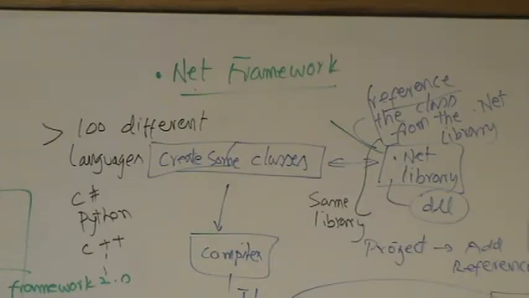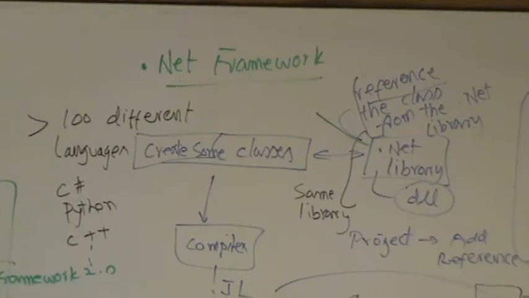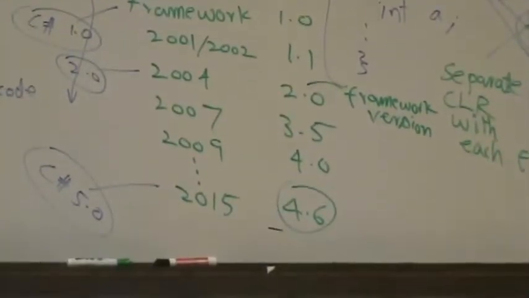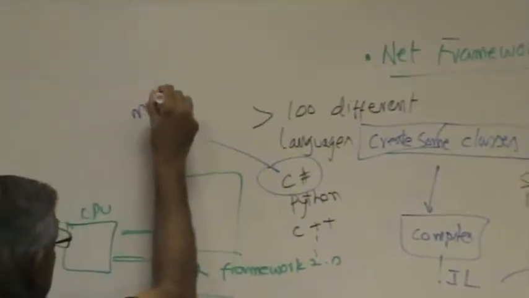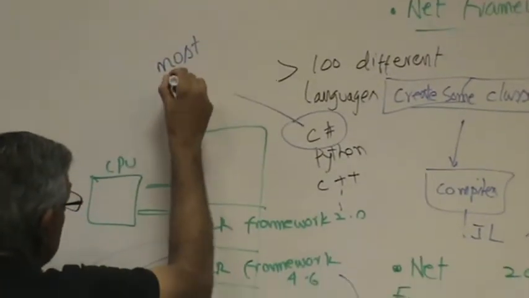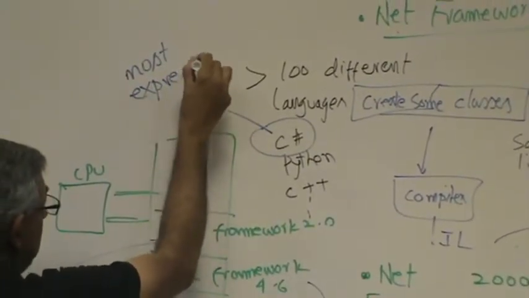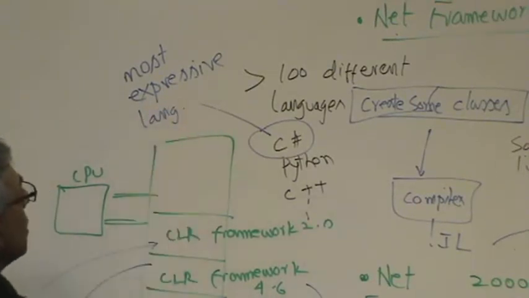And the answer is, as you will discover as I keep going, C#, because it keeps evolving every couple of years, it keeps adding new features. In my opinion, C# is the most expressive or elegant, or however you want to put it. What that means is, in a very small amount of lines of code, you can create something which will take you, for example, 3 times or 5 times the amount of code.